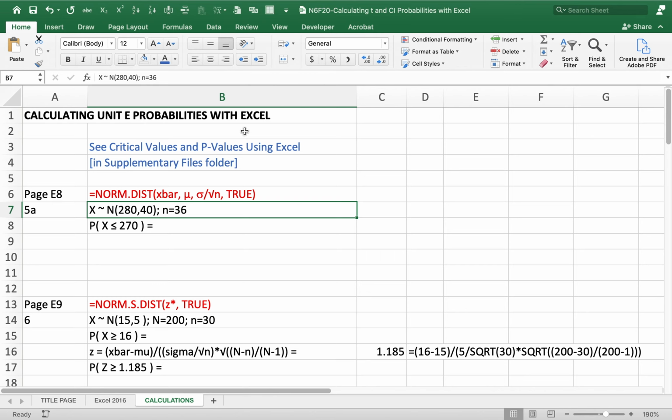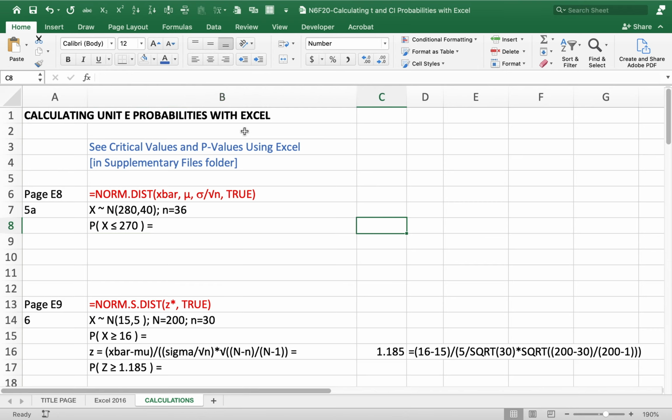So here's the phone bill problem, and we're looking for the probability that x bar is less than or equal to 270. Remember, we don't get hung up on the sign, whether it's less than or equal to or less than. The important thing is that it's pointing to the left. It's less than, not greater than.